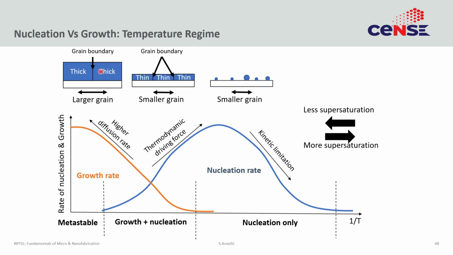A lot of people, that is why, do a two-step CVD process, where they first start with a low temperature process where they do all the nucleation, and the rate of nucleation and the average distance between the two nuclei then sets up their grain size, and then transition to a higher temperature, so they can also get the higher growth rate, so they do not have to wait for a very long time to get a certain thickness. So, yeah, that is essentially the optimization between nucleation rate and growth rate.